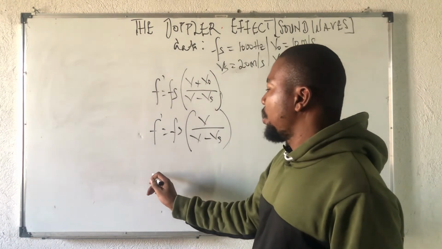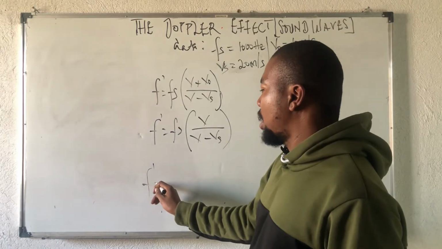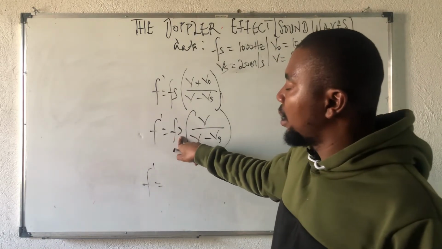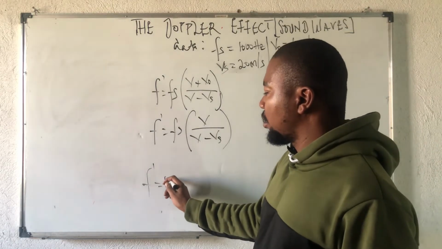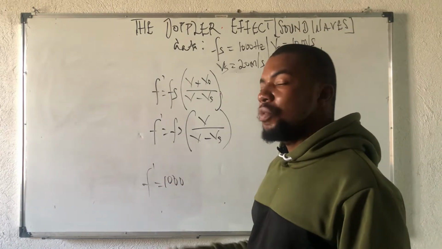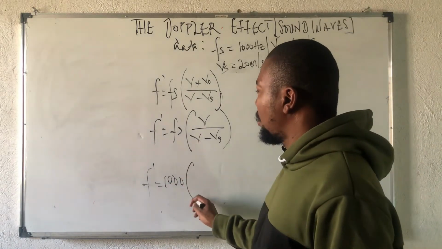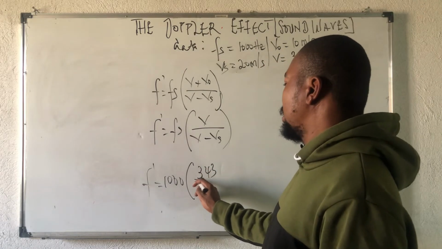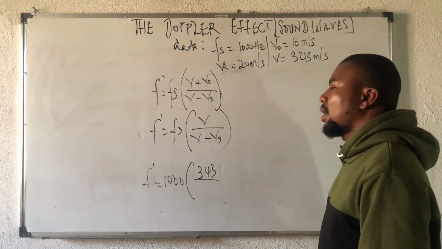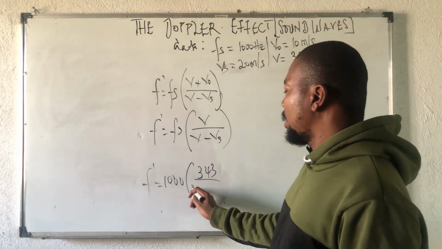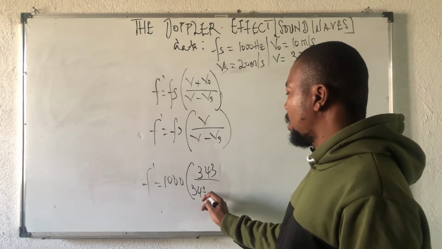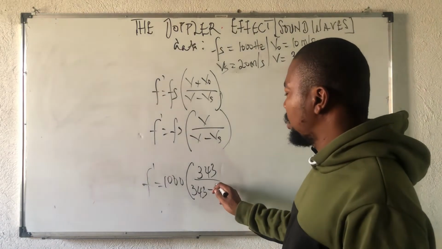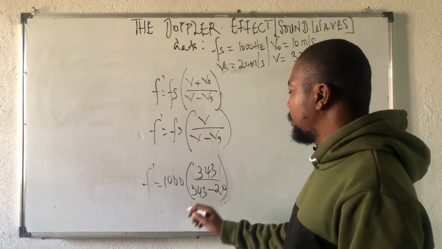Our frequency prime now becomes 1000, the true frequency of source, multiplied by 343, the speed of sound in air, divided by 343 minus the velocity of source, which is 20.